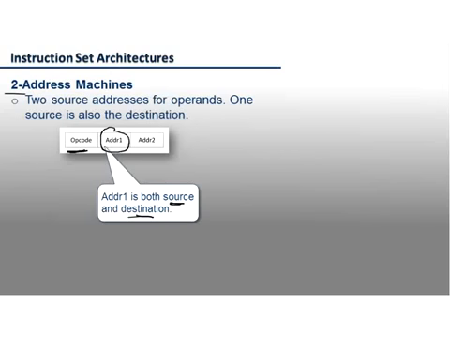So you use it as a source, but at the same time you store onto it. And the address 2 is always a source. Right. So let's take the example.